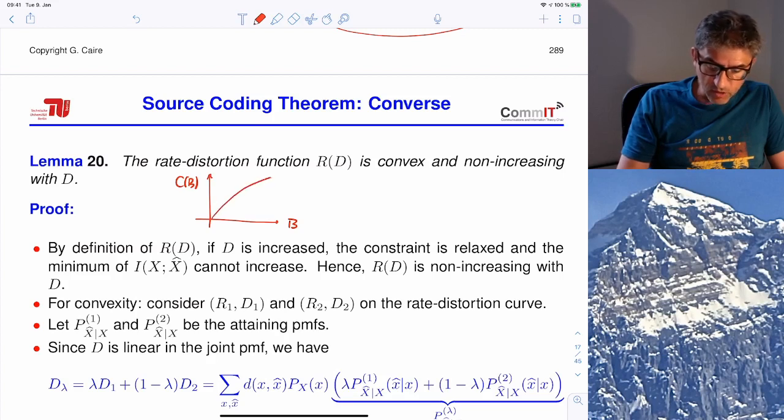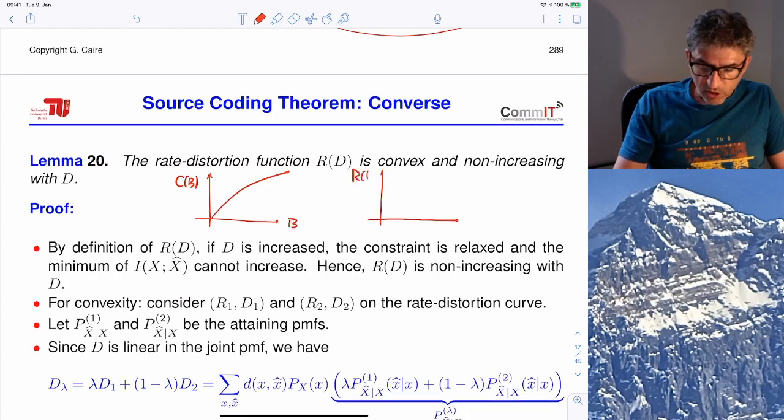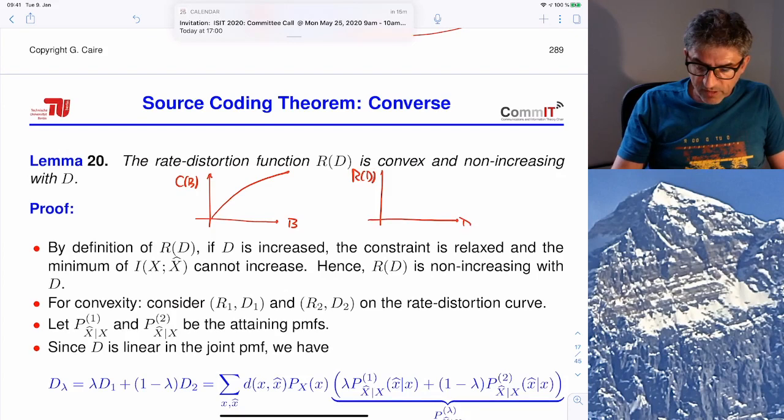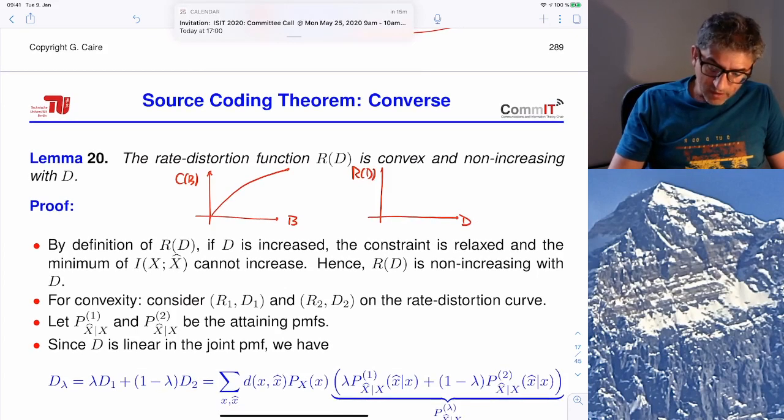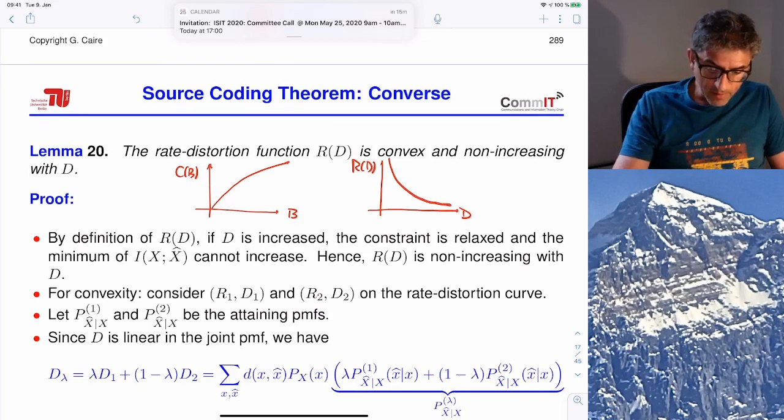So it's something that looks like this. And it turns out that for the rate distortion function, R of D is non-increasing and convex. So it's something that looks like this.